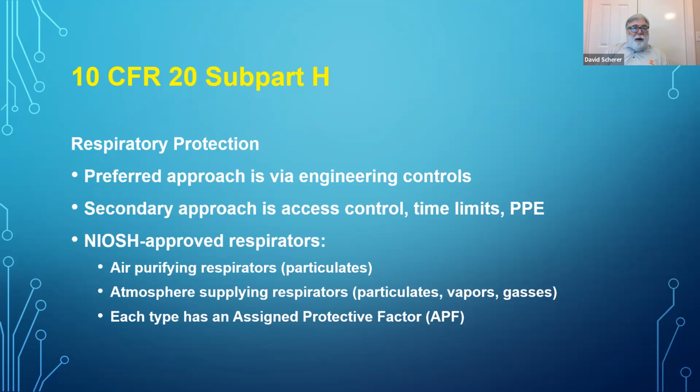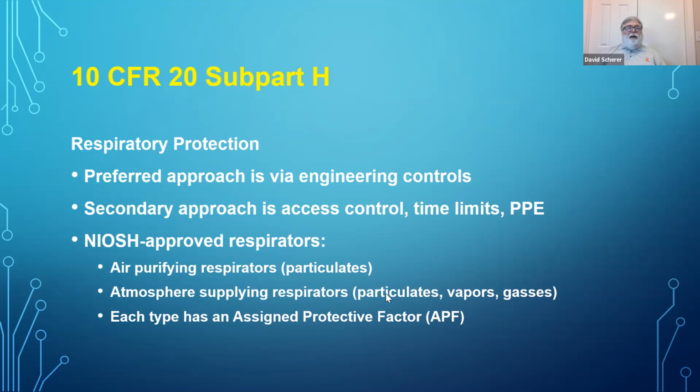They can be powered air purifying respirators where there's a motor that forces the air in. They're under positive pressure. The second class is atmosphere supplying respirators. So they're either airline or SCBA respirators, self-contained breathing apparatus, where air is supplied not from the contaminated environment to provide for breathing.